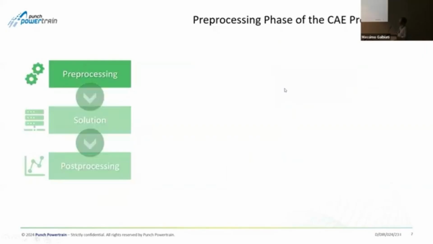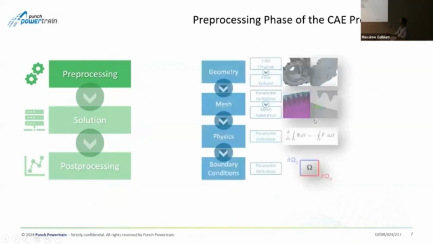Not to forget that we also have our own process in the CAE. When we follow it properly, we have these three. I just highlight the pre-processing because, I hope you agree with me, it is the most complex, or at least where we have to interact with the software.